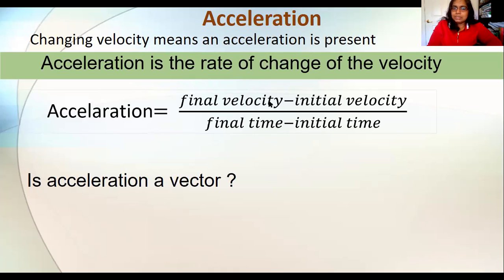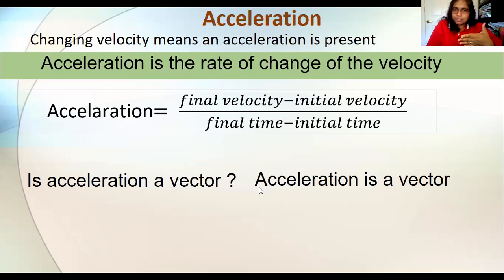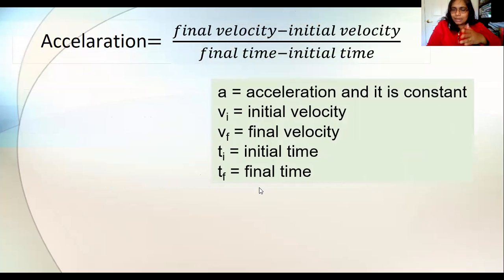Then the velocity is a vector quantity because we need to consider the direction, right? So here, when you're calculating the acceleration, you are using the final velocity minus the initial velocity. That means we need to consider the direction, right? So the acceleration is a vector. So that's going to make life a little bit complicated because we need to consider whether it is a positive direction or a negative direction.